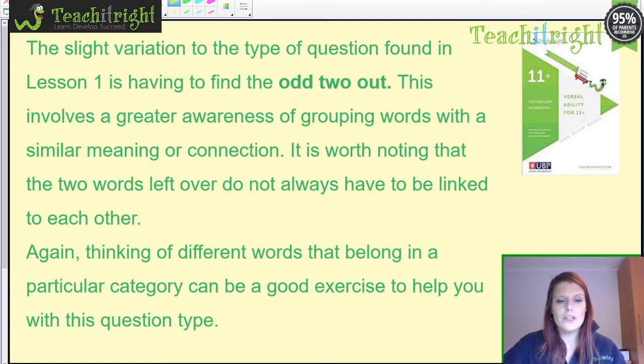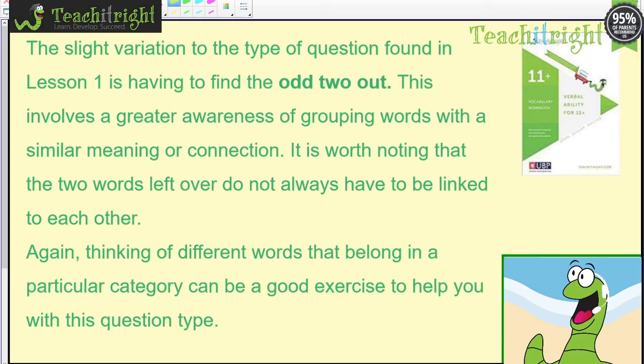Okay, we're going to move on now to the next section, which is odd two out. This is a similar but slight variation to the theme. It involves a greater awareness of grouping words with a similar meaning or connection.